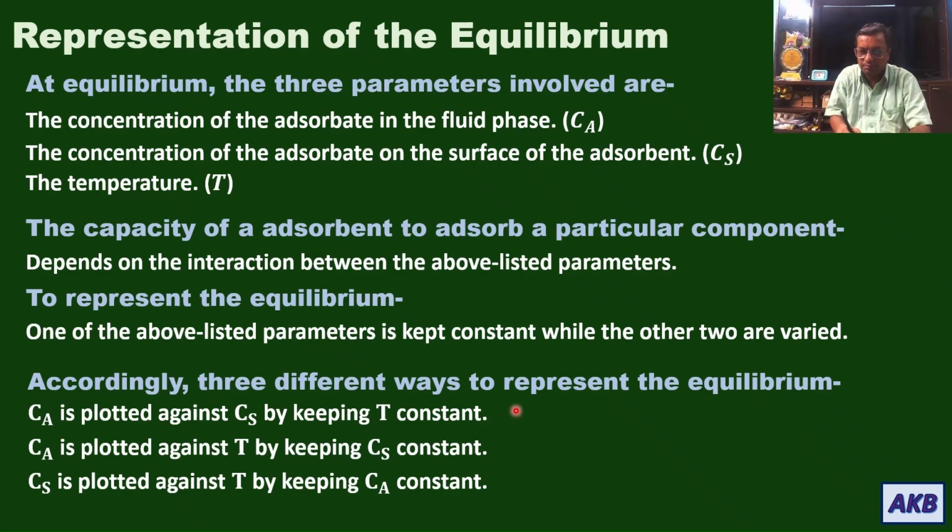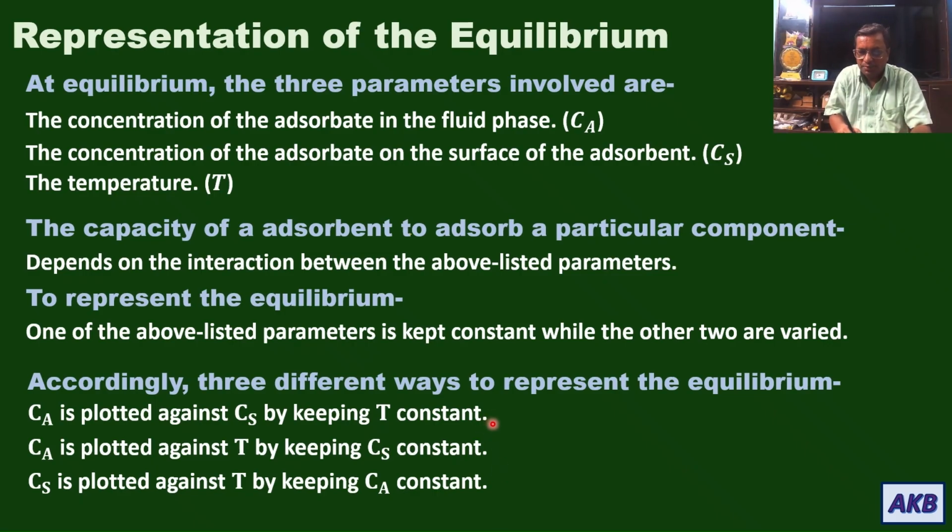So you can keep temperature constant, you can keep concentration on the adsorbent surface constant, and you can keep concentration in the fluid phase constant. In this way, you can represent the adsorption equilibria in three different ways.